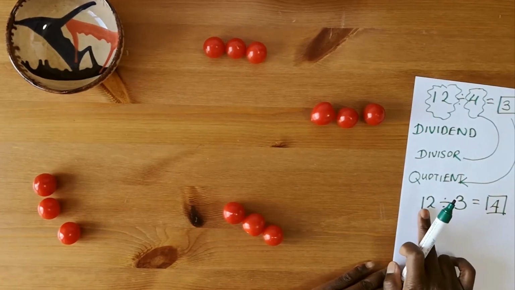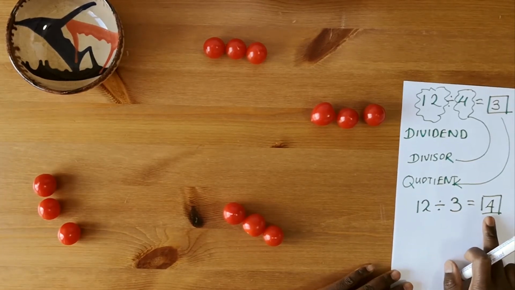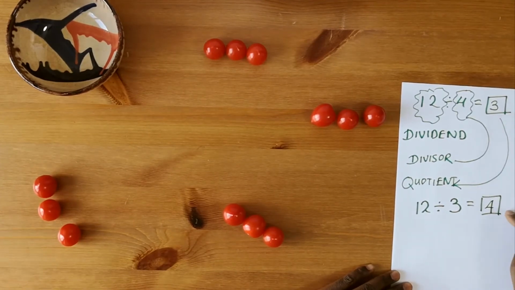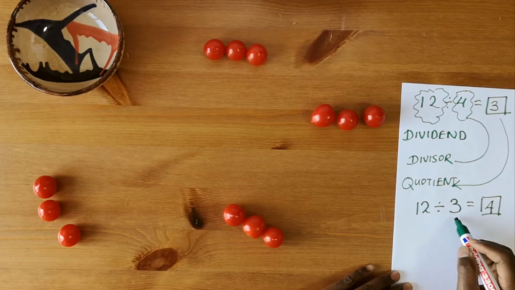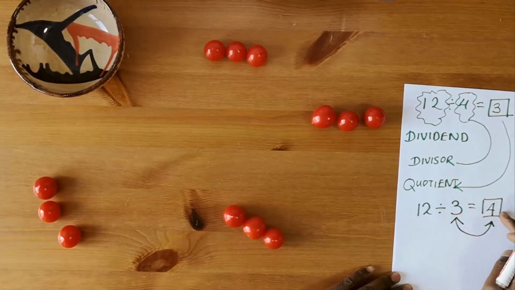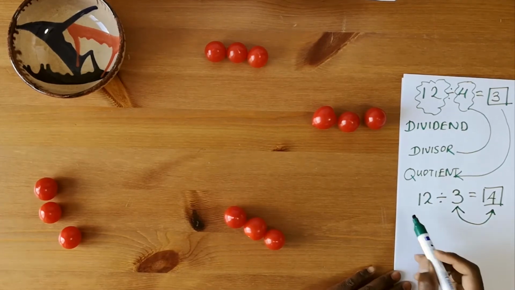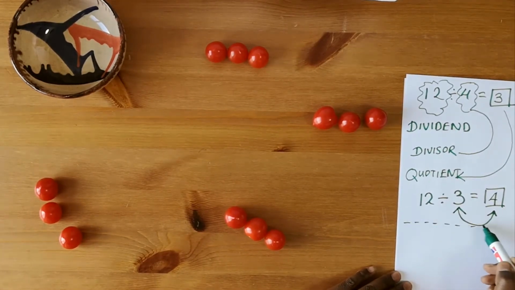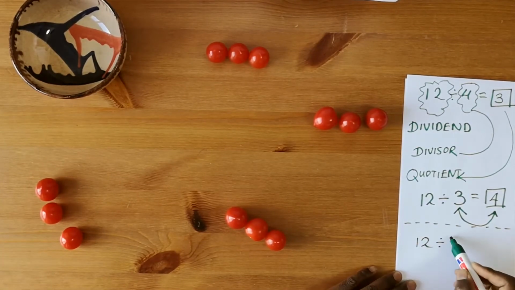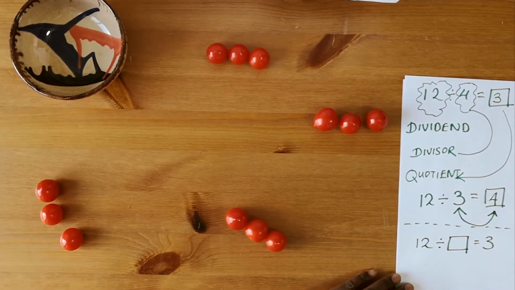Now take a look at this dividend over here and this divisor over here and the quotient over here. Do you see a relationship between these two? What happens when you switch the divisor and the quotient? 12 divided by 3 is 4, and 12 divided by 4 is 3. So this knowledge is very valuable for when you get problems like this. 12 divided by something is 3.